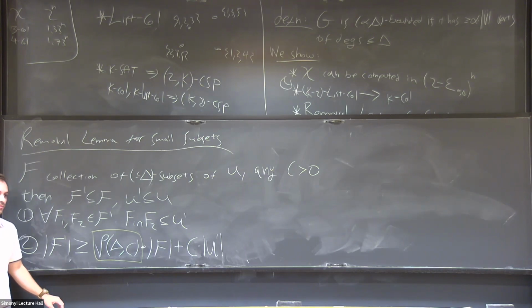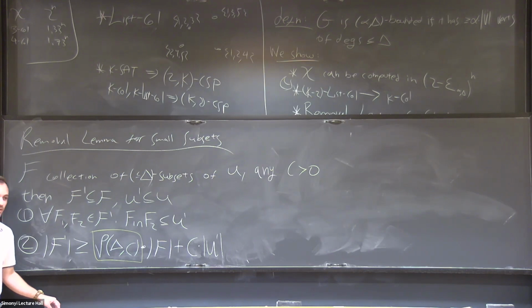You want to remove a constant fraction of the vertices, and a large fraction of pairs remain. This is easy to see.